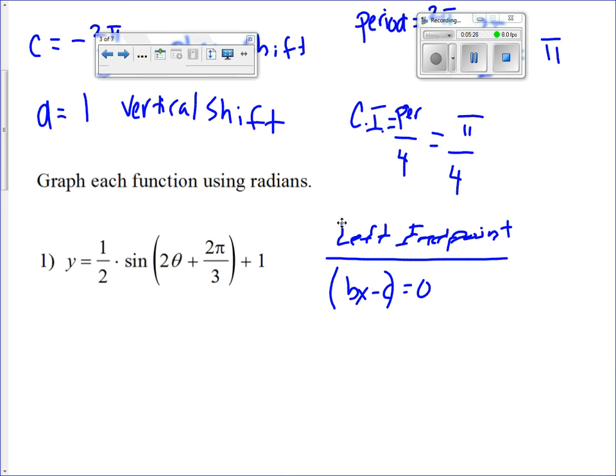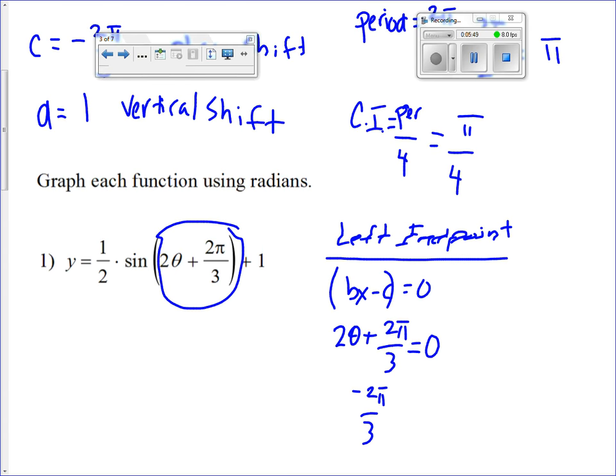It doesn't mean that it's always subtraction. So bx minus c, if you remember, is what's in parentheses. So 2 theta plus 2 pi over 3 is equal to 0. Okay, and we're going to solve for theta here. So first thing we're going to do is subtract 2 pi over 3 from both sides.